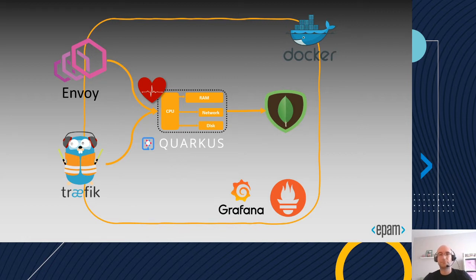You're going to have two load balancers. You can compare them to each other. I'm going to show you different kinds of metrics from Envoy and traffic. I used Quarkus for the service implementation. For the health check implementation, I used a MicroProfile Health specification based implementation, and I'm using MongoDB.